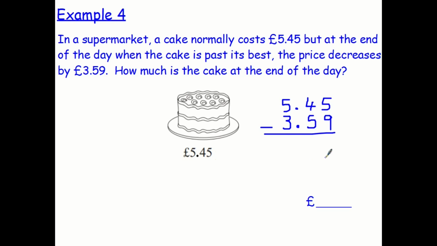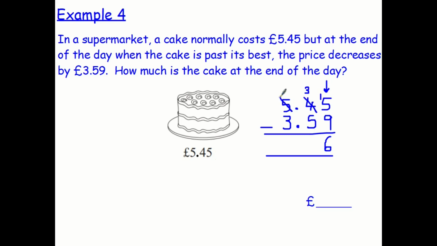So it decreases by that, so subtracting it, lay out in a column, and I'm going to start here. Read from top to bottom. 5 take away 9 I cannot do, so I'm borrowing from here. That becomes 3. That becomes 15. 15 take away 9 is 6. 3 take away 5 I can't do.